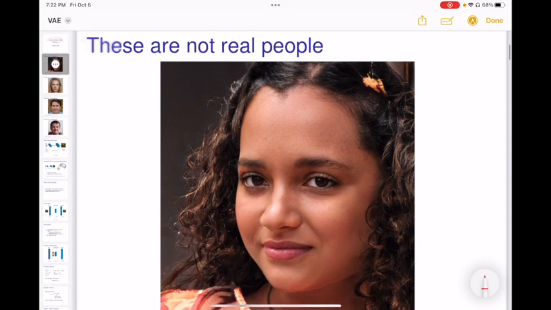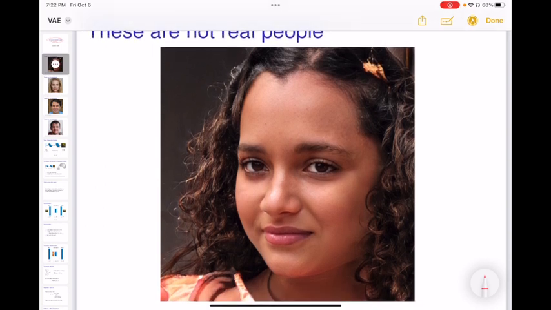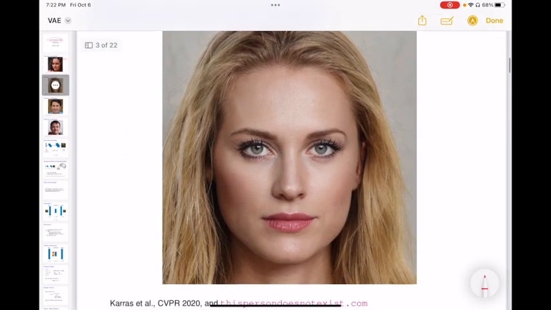So let's start with a use case of generative models. These images look like extremely realistic pictures of human faces. The amount of detail and how it captures what human faces are is tremendous in these images. And it would be surprising if I tell you that all of these images belong to people who do not exist.